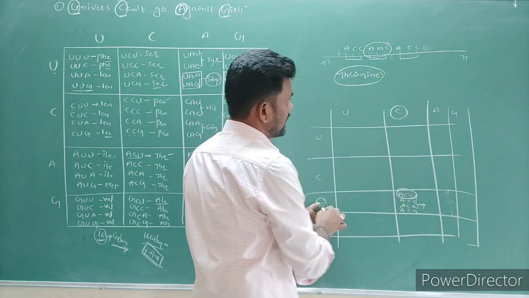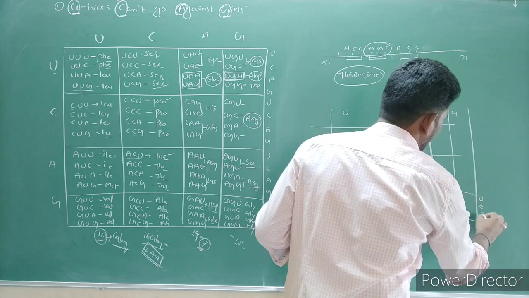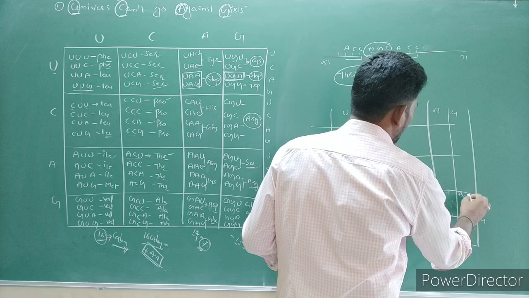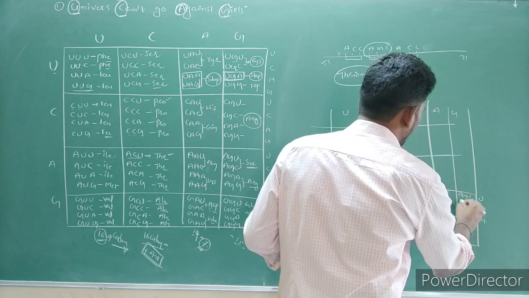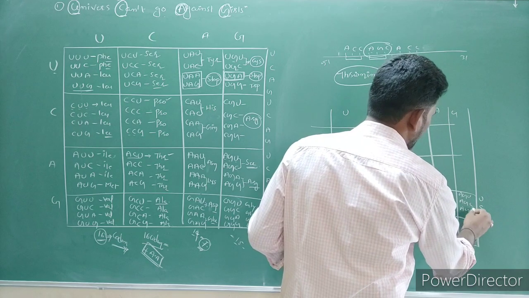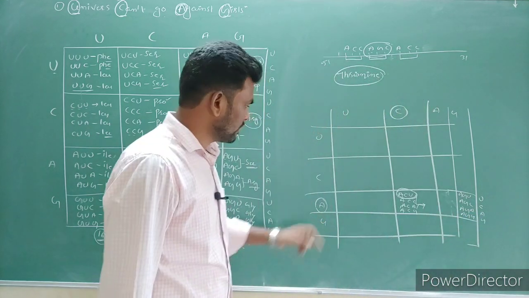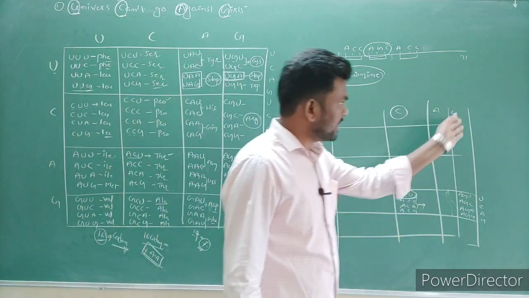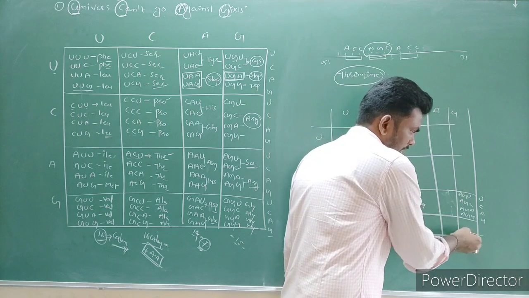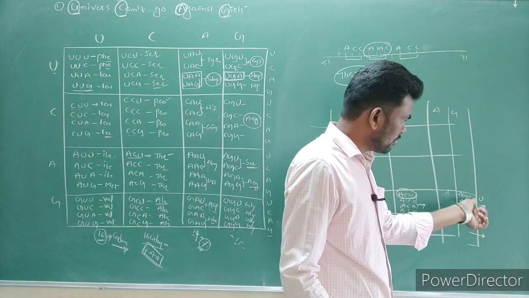AGC, A, G, see here, U, C, A, G, write it, A, G, U, and A, G, C, and A, G, A, and A, G, G, right? Then here, just remember the last column story. The story is what here? If any codon is there here, it should be what? Glycine max.